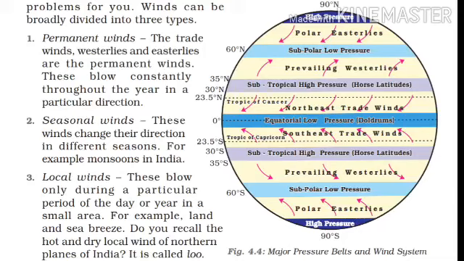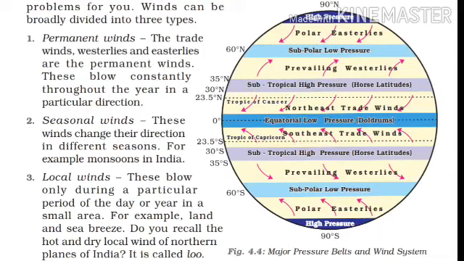Now we come to the local winds. What are local winds? Winds that arise due to local or regional changes in temperature or pressure are known as local winds. What is the effect of local winds?